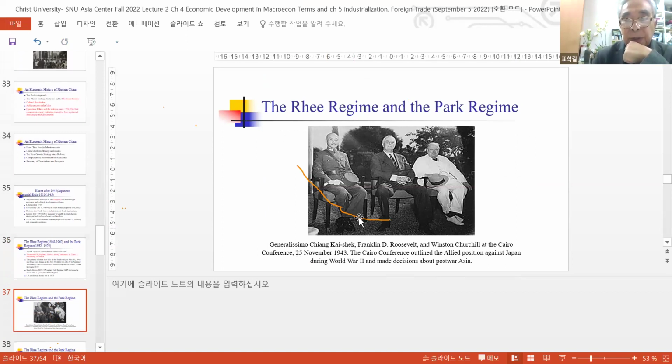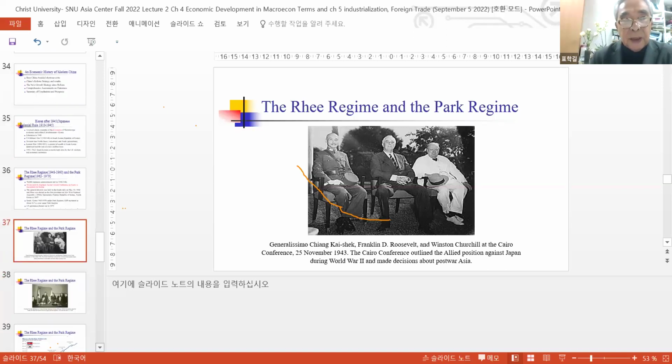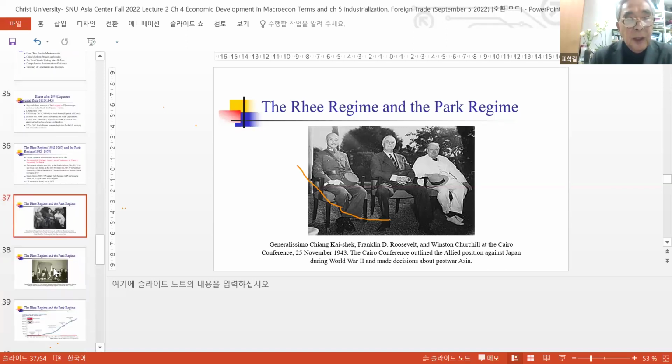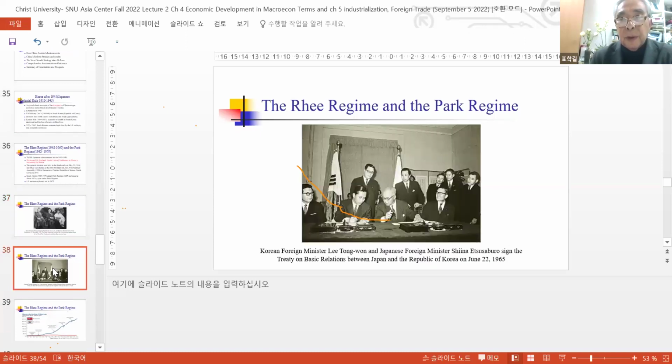Chiang Kai-shek, Franklin Roosevelt, Winston Churchill at the Cairo conference, but later at Yalta conference, Chiang Kai-shek was replaced by Stalin. Okay, so this tripartite conference was held in 1943.